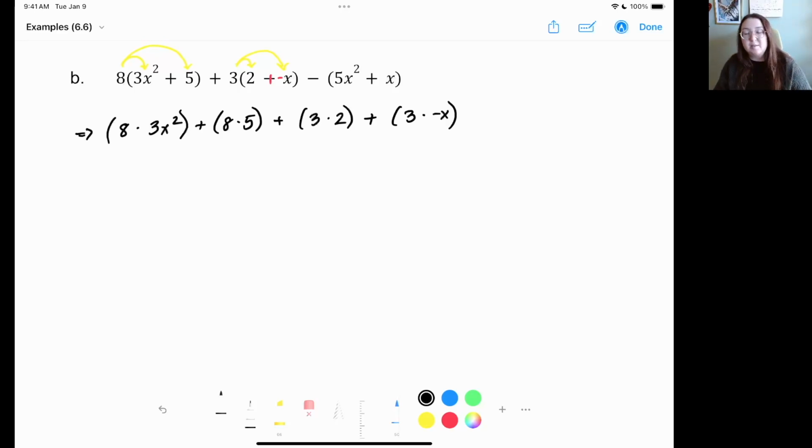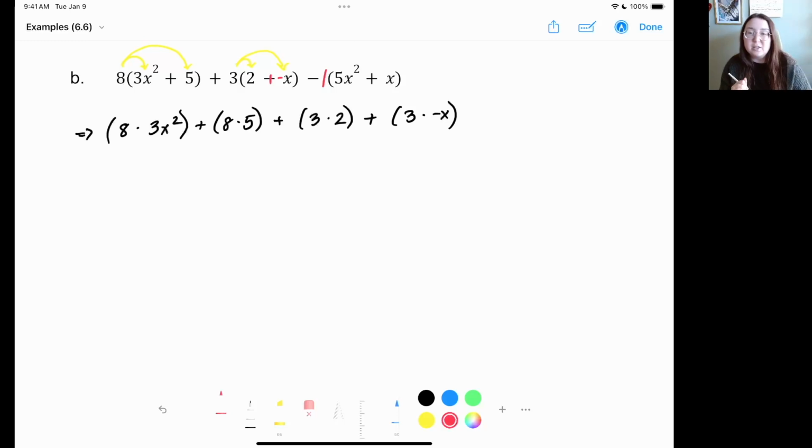So 3 times negative x. And then lastly, we have a little bit of an interesting part here. We have a group at the end. There's no number, but it is being subtracted. So that subtraction, like we said earlier, if a variable didn't look like it had a number in front of it, technically that's 1. And that's really the same thing that's going on here.